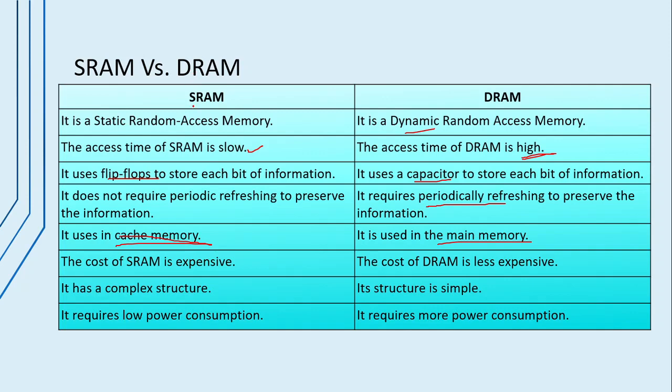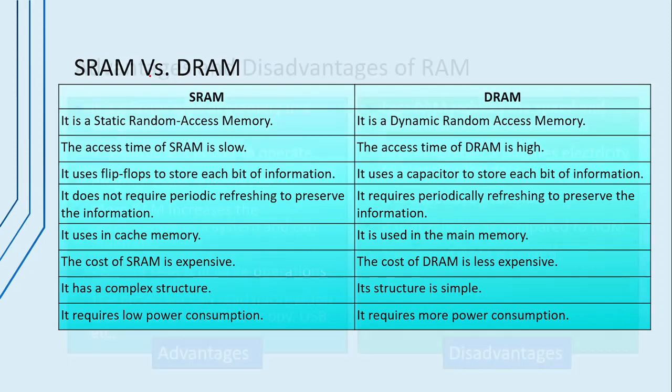The cost of SRAM is greater than DRAM, so you can say that it is expensive, whereas DRAM is less expensive compared to SRAM. SRAM has a complex structure, whereas DRAM has a very simple structure. And we have discussed that SRAM consumes low power whereas DRAM consumes more power. So this is the difference between SRAM and DRAM.